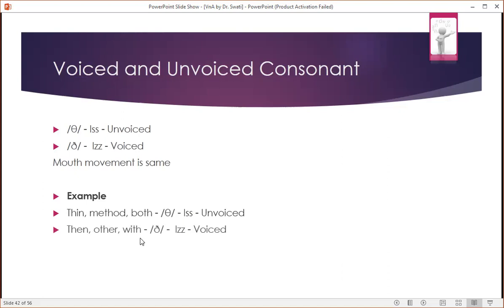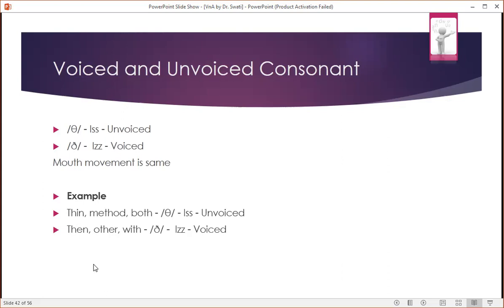And similarly, if I talk about the voiced sound like this, it gives stand, other, with. This is giving a sound which is coming from the throat, right?